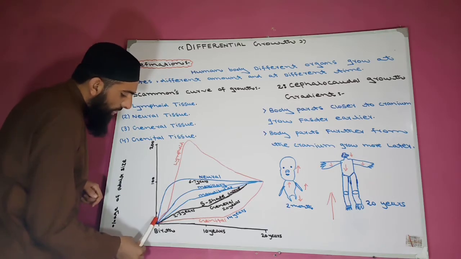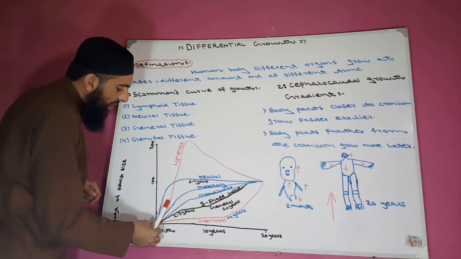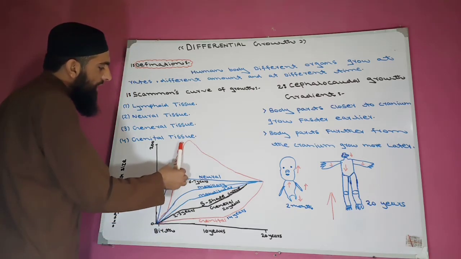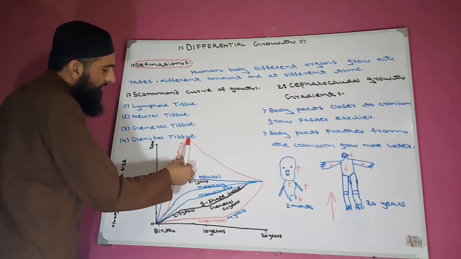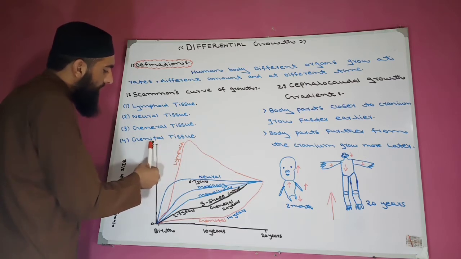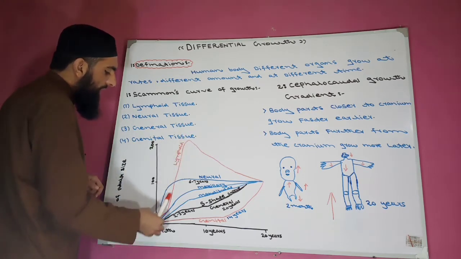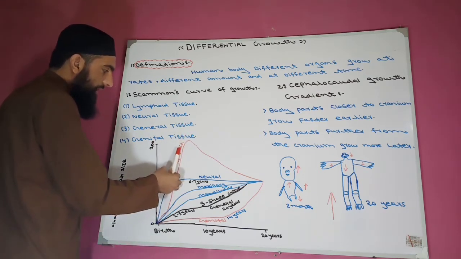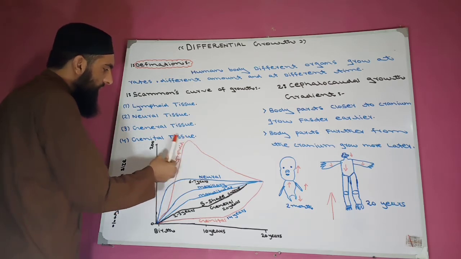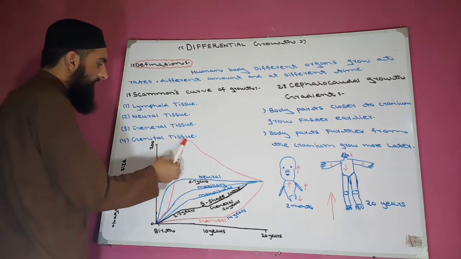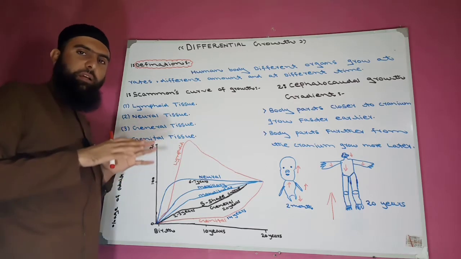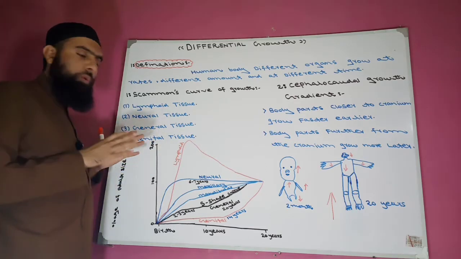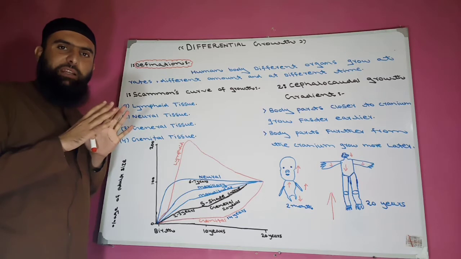Lymphoid tissue initially grows very rapidly and in childhood it reaches the peak, meaning 200%. Why does lymphoid tissue grow very rapidly and reach the peak, 200%, in childhood?